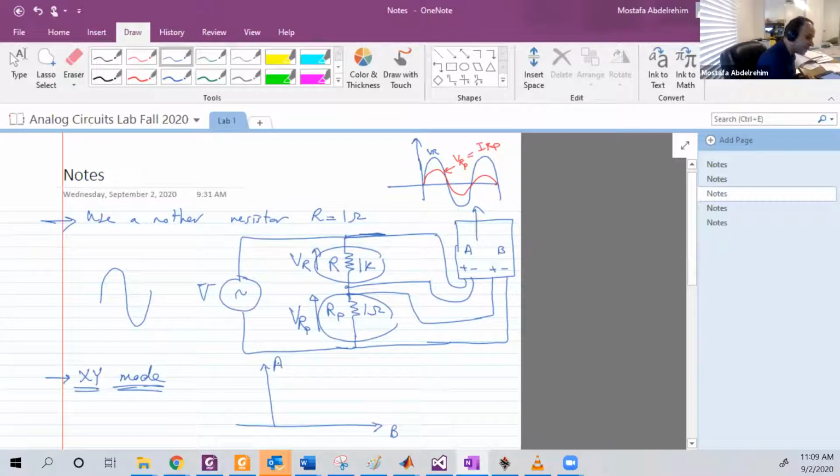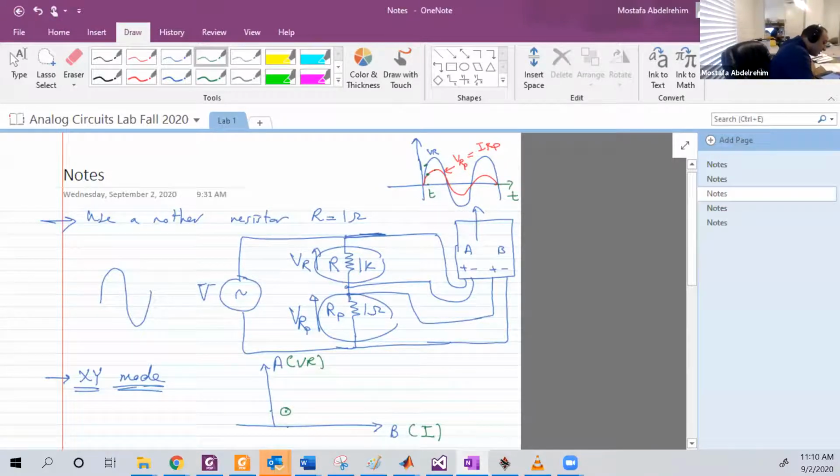Remember, this is the time. At each time instant, for example at t, it will see the value of the red curve, which is the current, and that is B, and the value of the blue curve, which is VR, which is A. So you have 2 points, one on X and one on Y, so you can make a point.